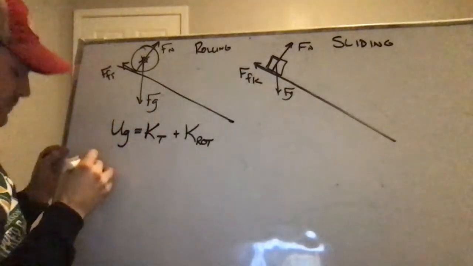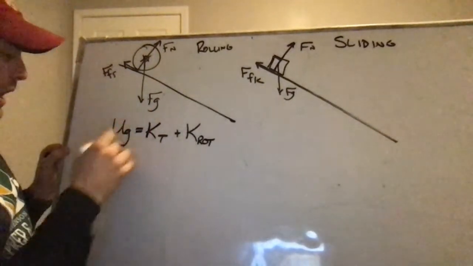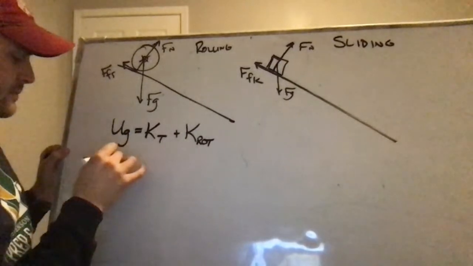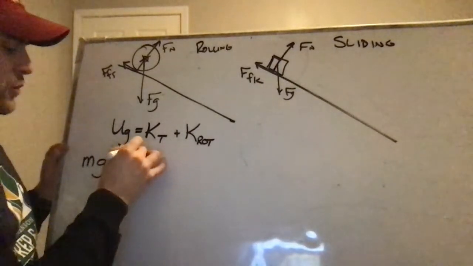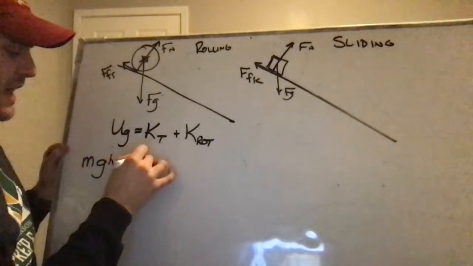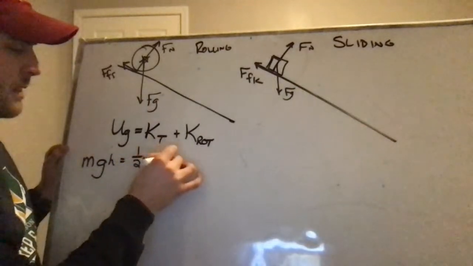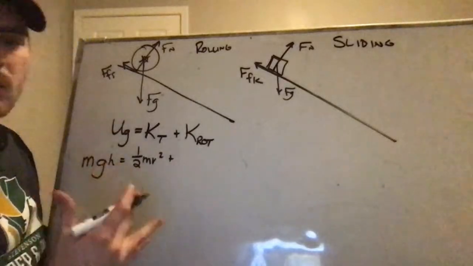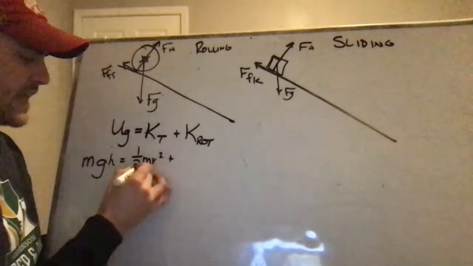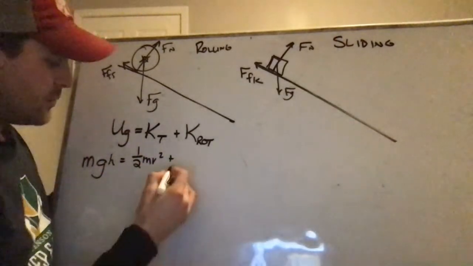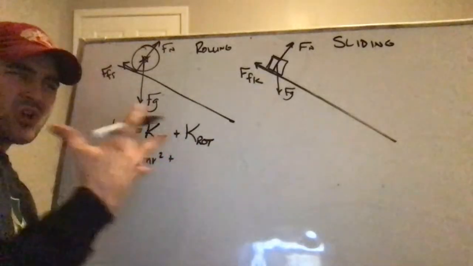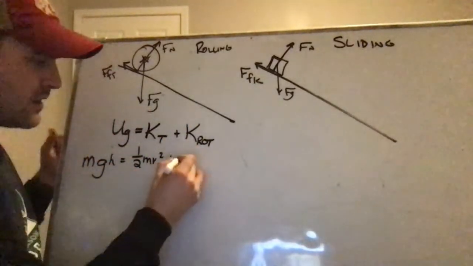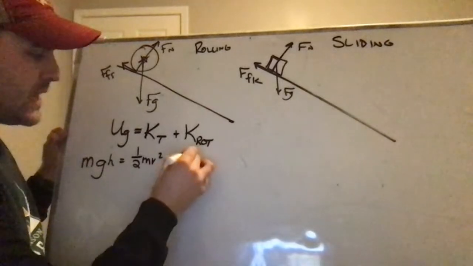And so we know that our equation for UG is mgh. We know that our equation for translational kinetic energy is 1/2 mv squared. We needed a new equation for K rot. And so what we tried out to see if it worked was, let's just replace m and v with our angular variables. We have mass, but we're not really talking about mass when things are rotating. We're actually talking about rotational inertia.